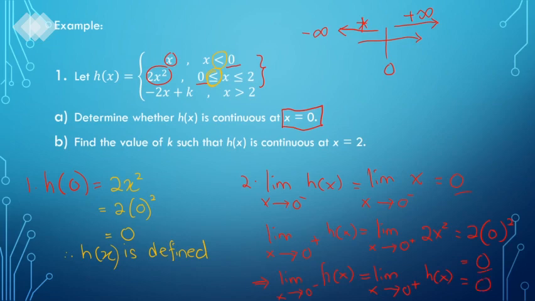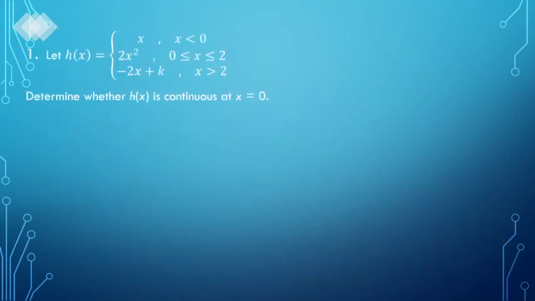So the answer is 0. So our conclusion is, okay, so limit as x approaches 0 of h(x) exists.